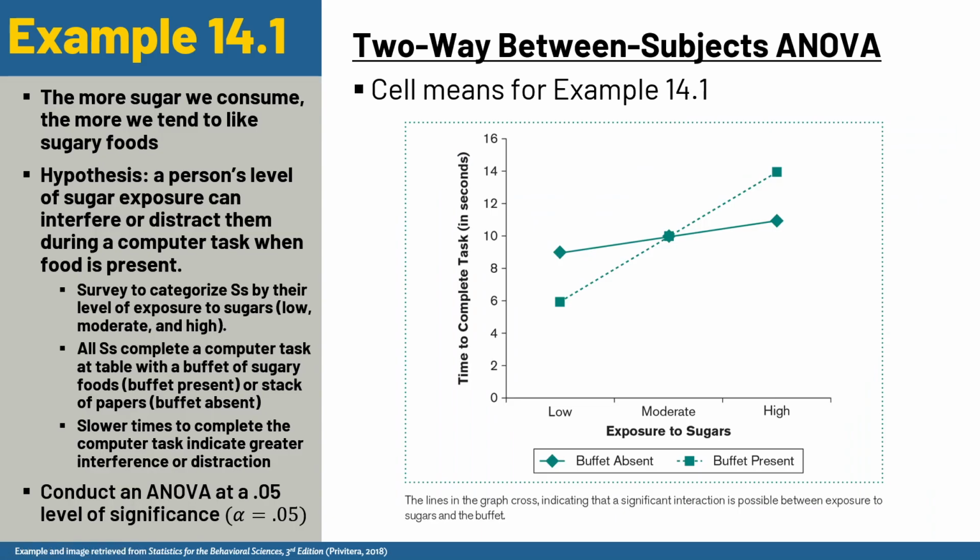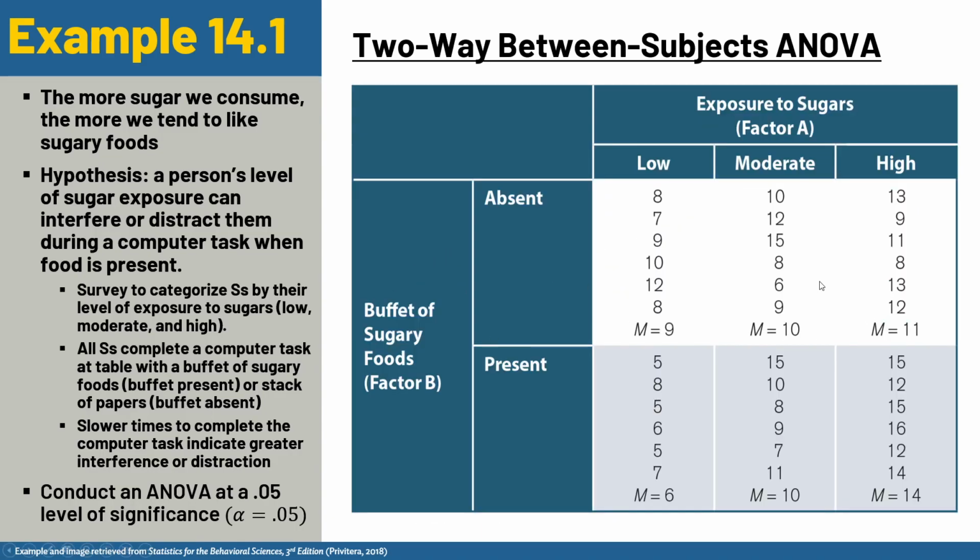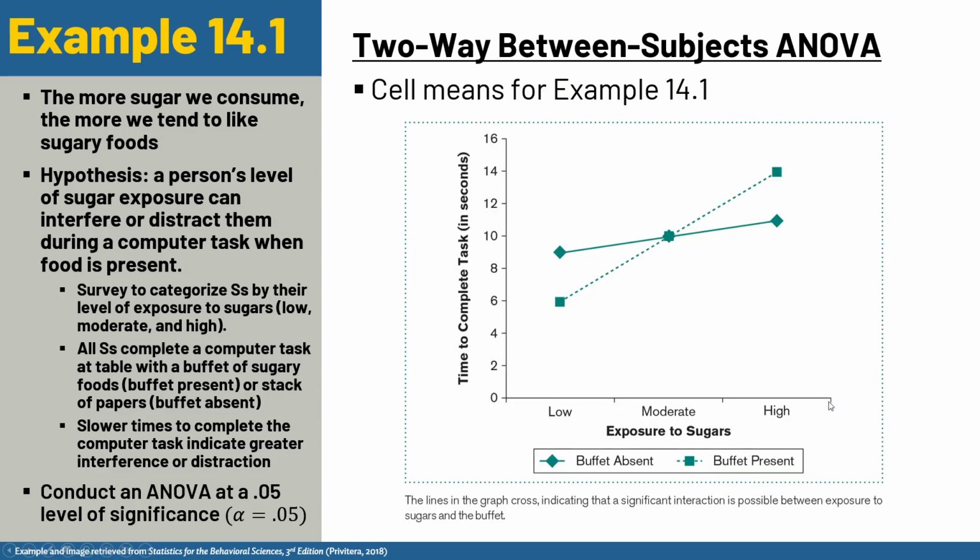And if we just take the means for each of these cells, so for example, the mean here is 9, oh yeah, I was giving you the wrong numbers, I'm sorry. There are 6 in each cell. I was thinking N instead of M. This M represents the mean, and if we just graph the means, it looks like there's probably going to be a significant interaction here, right?